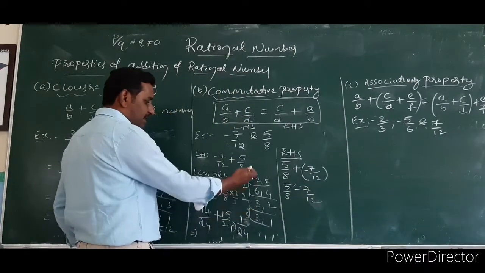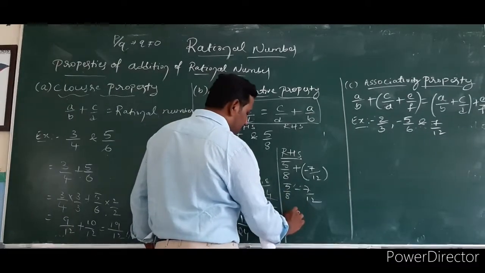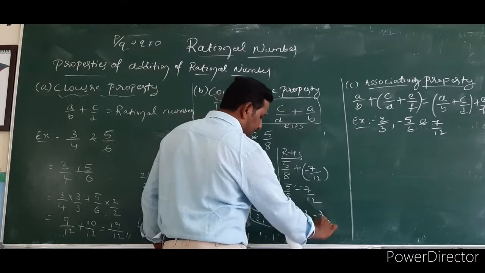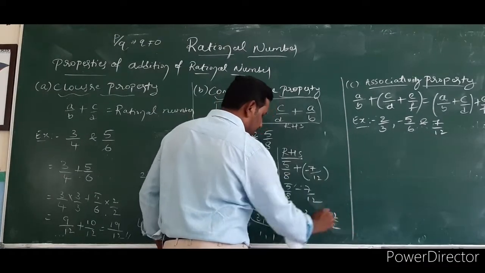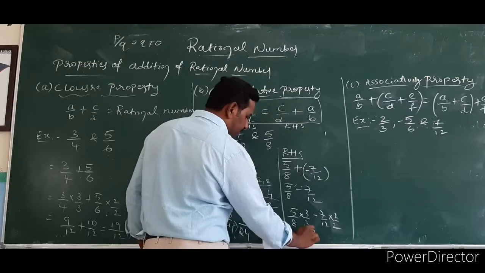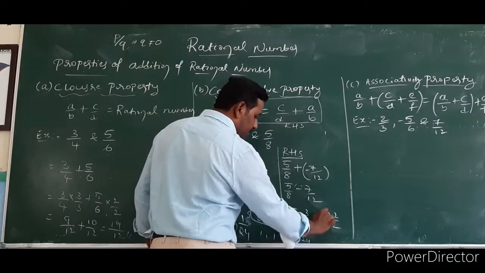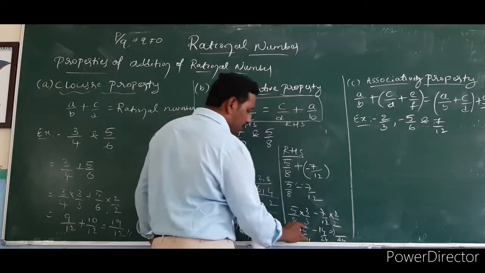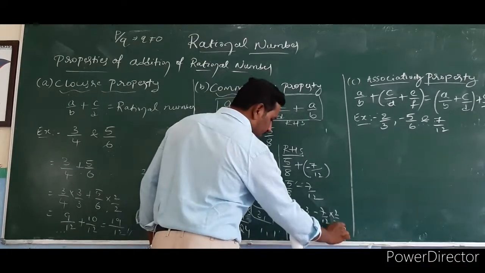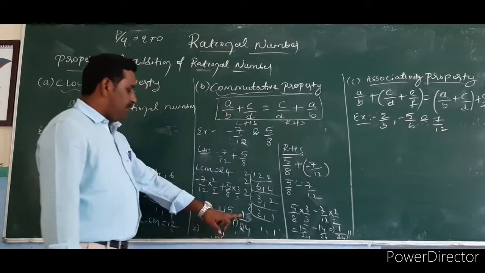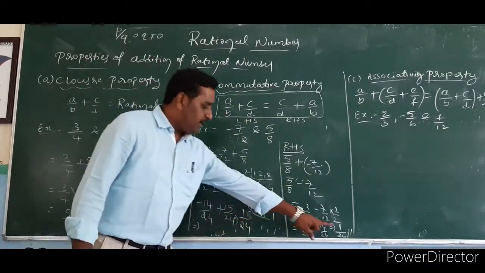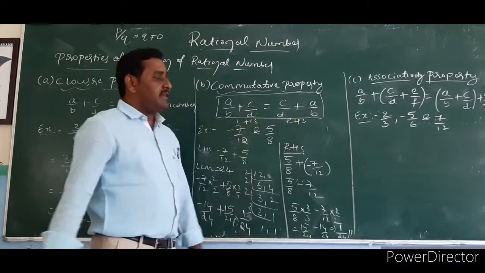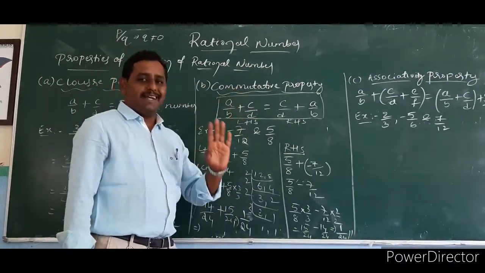We already found the LCM of 12 and 8 is 24, no need to find it again. Multiply 5 by 8 by 3, and minus 7 by 12 by 2. 15 by 24, minus 14 by 24. Same LCM 24. In 15, 14 will go, leaving 1. So look here: LHS is 1 by 24, and RHS is also 1 by 24. When LHS equals RHS, the commutative property is satisfied.